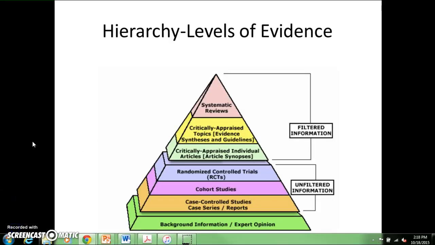So the evidence-based medicine pyramid is simply just that. It's a diagram that was created to help us understand how to weigh different levels of evidence in order to make health-related decisions or to help us answer our clinical questions, right? And for this class, it's going to be the clinical question that we developed in Module 1, so keep that in mind.